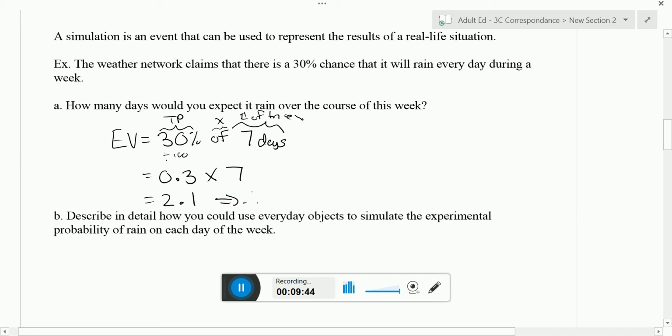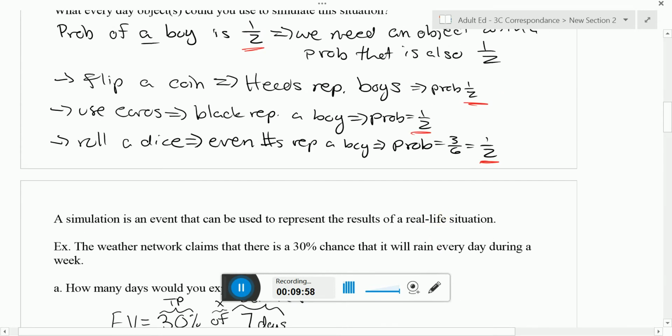So therefore, because it's 0.1, we round down, we would expect 2 days of rain. And before I forget, I'm just going to go back up here. Whatever we do, again, we would repeat 3 times for the 3 children.